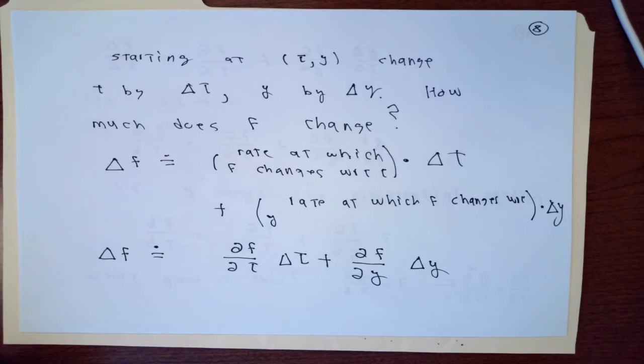Also, you'll get a contribution by looking at the rate at which f changes with respect to y only, and then multiplying it by how much you change the y. This is an extremely informal version of the discussion of differentials in the third semester of calculus.